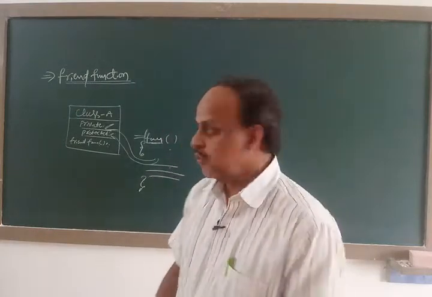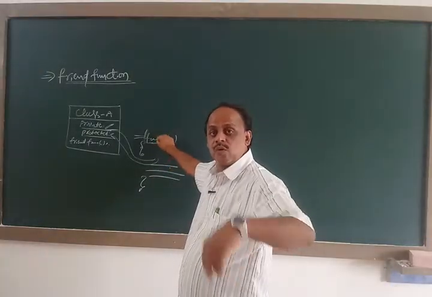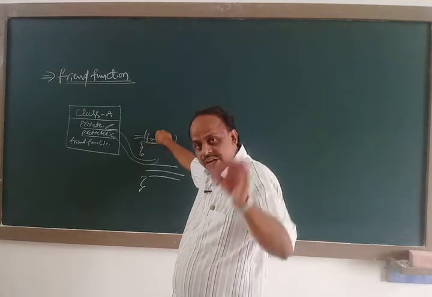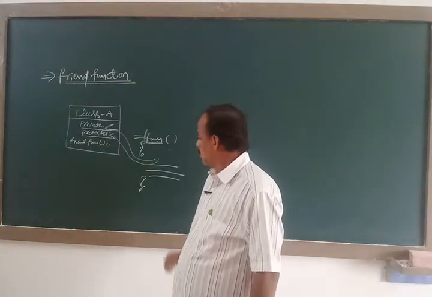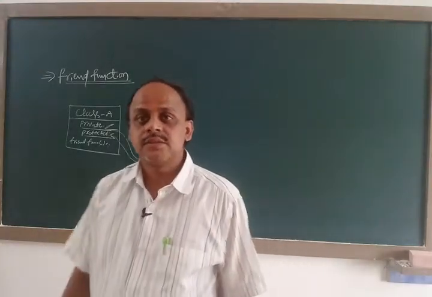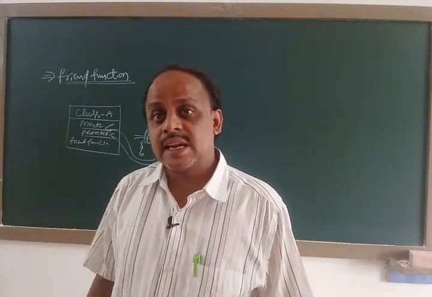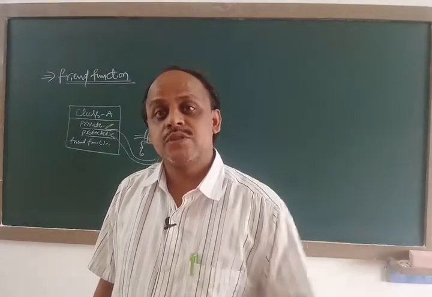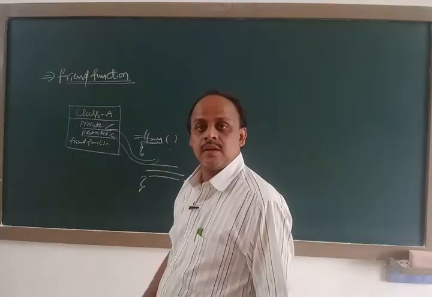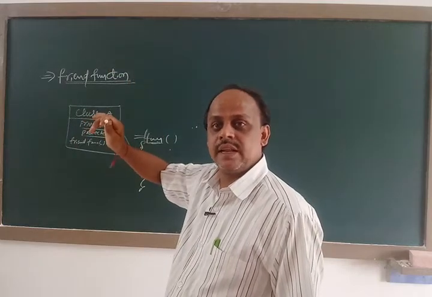And whenever we are using a friend function, whenever we are going to define a friend function, we need not use a scope resolution operator. Usually whenever we define a member function outside the class, we use the class name and the scope resolution operator, like that.